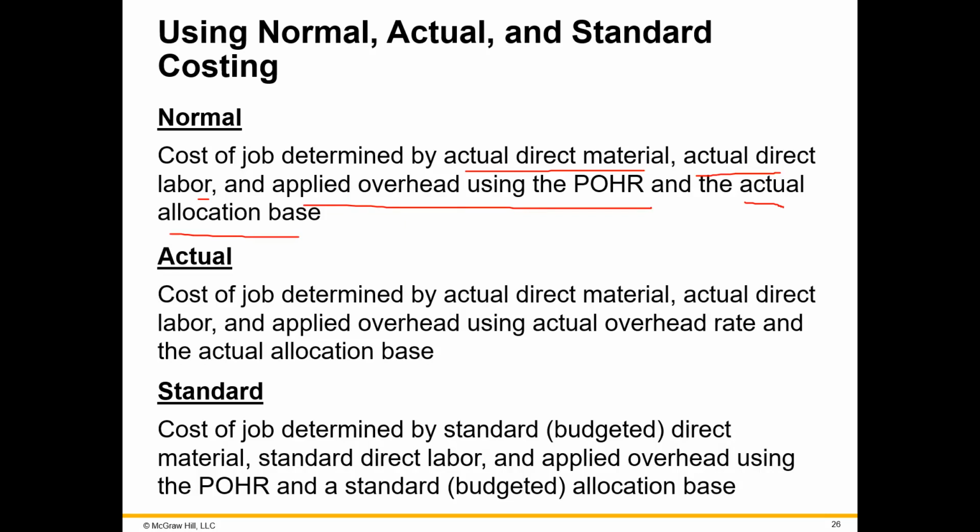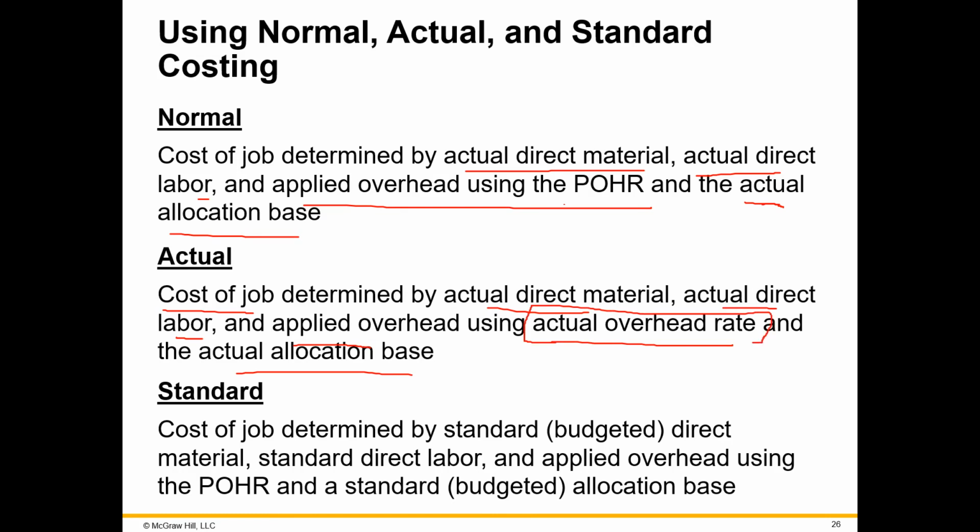Other companies will determine the cost of a job using direct material, direct labor, and applied overhead using the actual overhead rate and the actual allocation base. So here's the difference. This one is an actual overhead rate, and this one is the predetermined overhead rate.